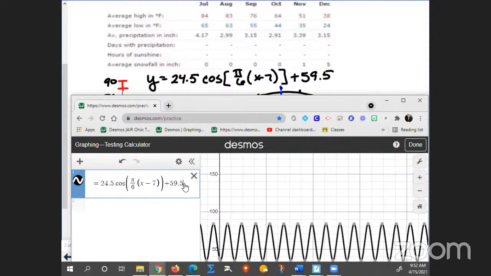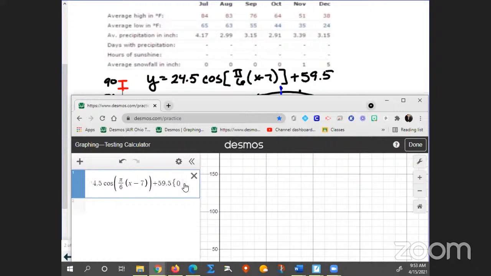Now, I'm actually going to take this. This is something you can do on Desmos. I don't really want to look at the entire graph. All I want to look at on there is 1 year. So I can take this. If I put these types of brackets, okay, I can restrict the values of x. So I'm going to say I want x to go from 0, okay, which is fine.